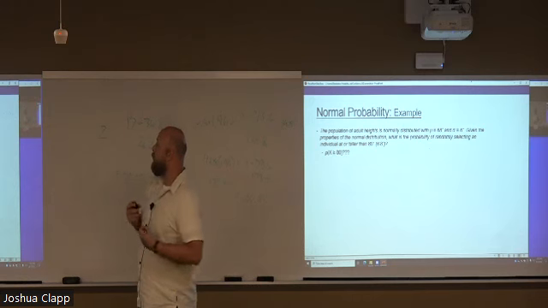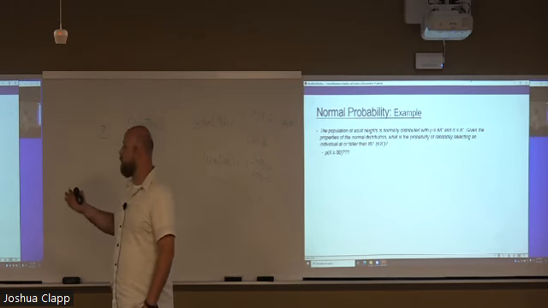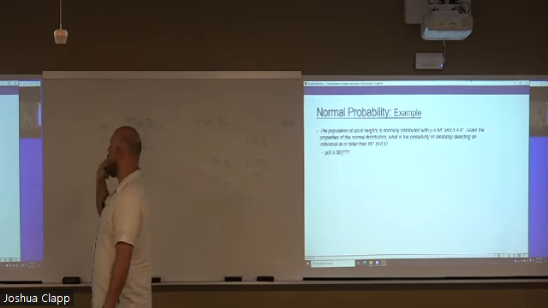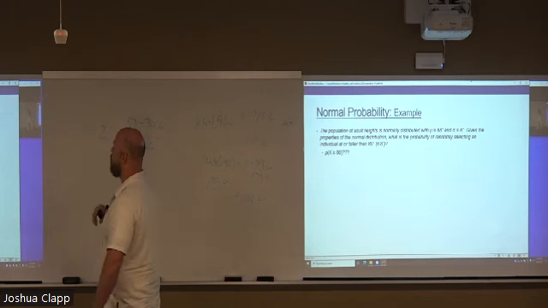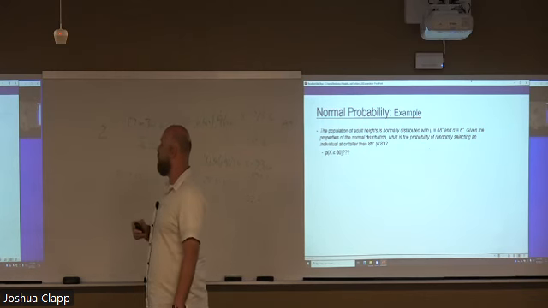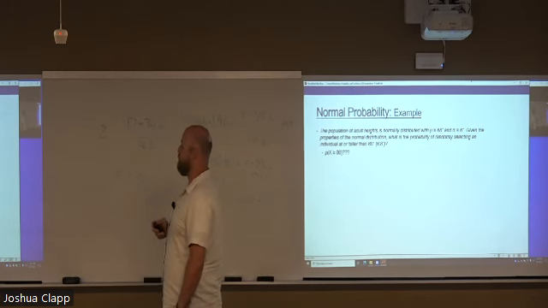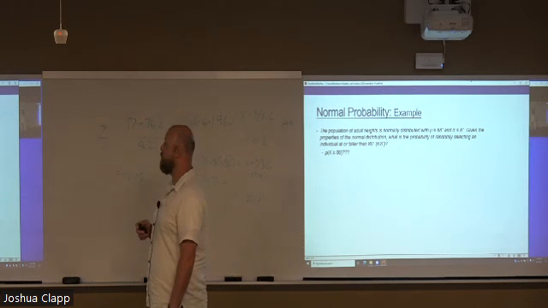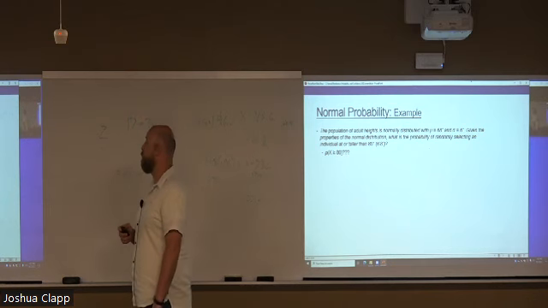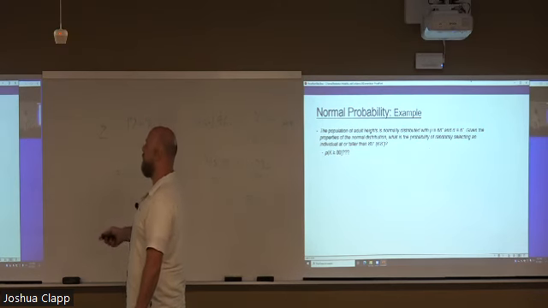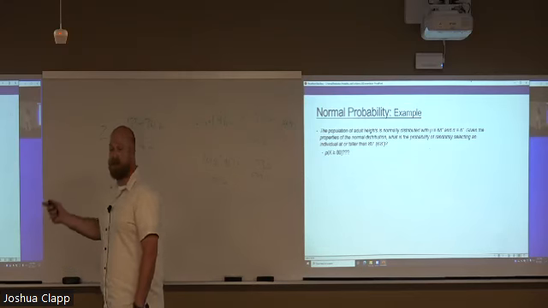So if we go through and use this, we say adult heights have a normal distribution with a mean of 68 inches and a standard deviation of 6 inches. Given properties of the normal distribution, what is the probability of randomly selecting an individual at or taller than 80 inches, about 6'8"?